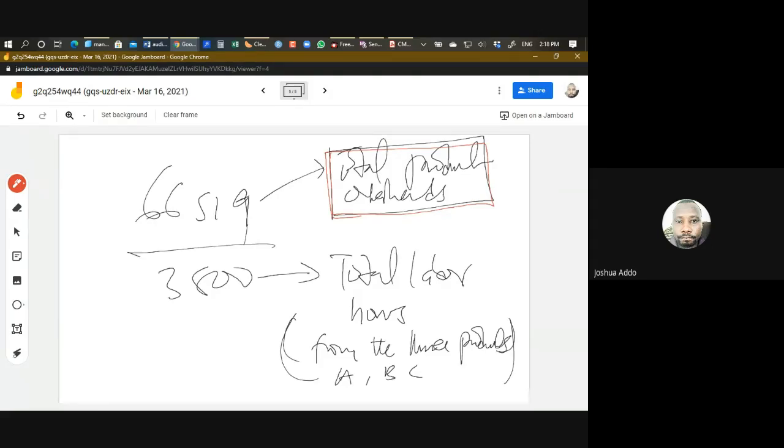So because of the nature of overheads, normally the overhead figure will be budgeted. It will not be the actual as we have incurred.